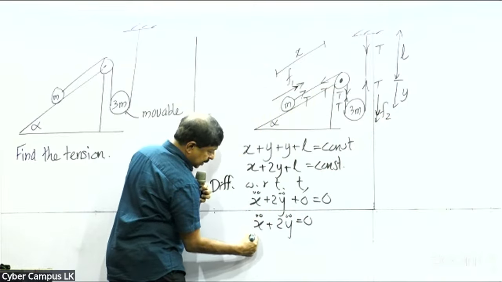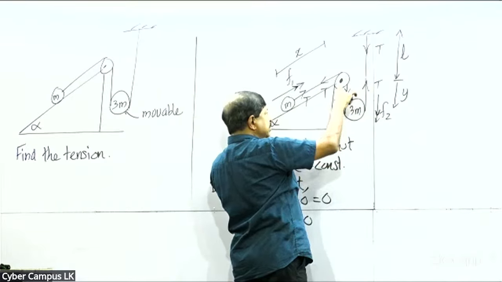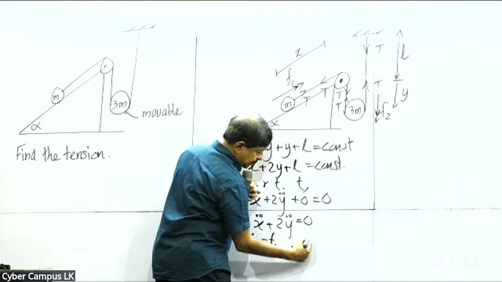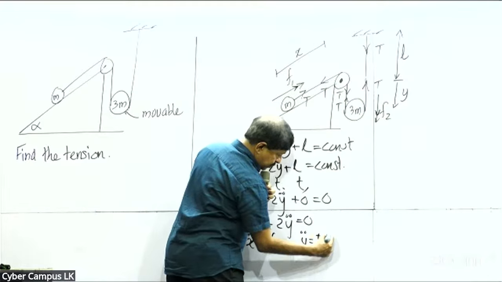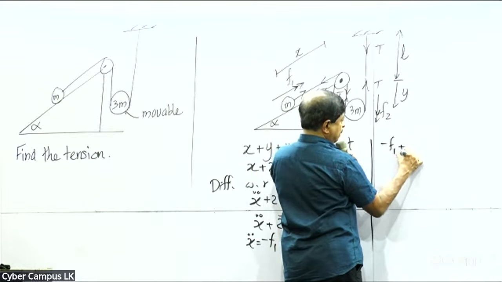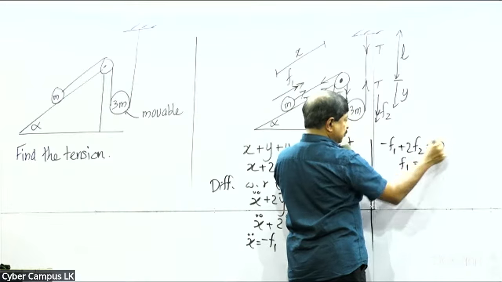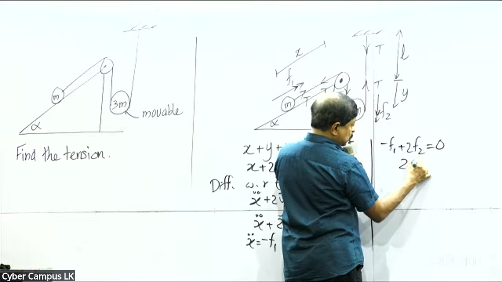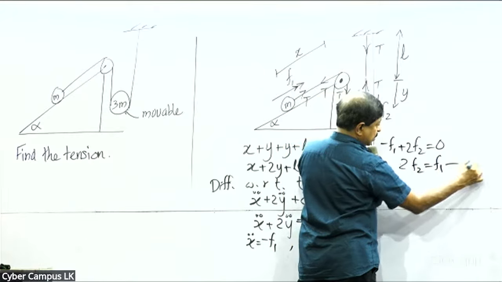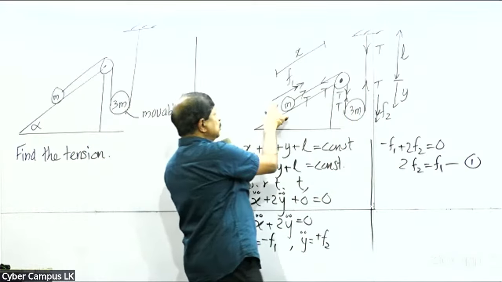Therefore, it has a negative relationship, minus F1. But if F2 takes this direction, Y increases, plus F2. So you can come up with the first equation, that is minus F1 plus 2F2 equals 0. So if you take F1 to the other side, 2F2 is F1. That's the extra equation. Now you can apply Newton's law to these two.